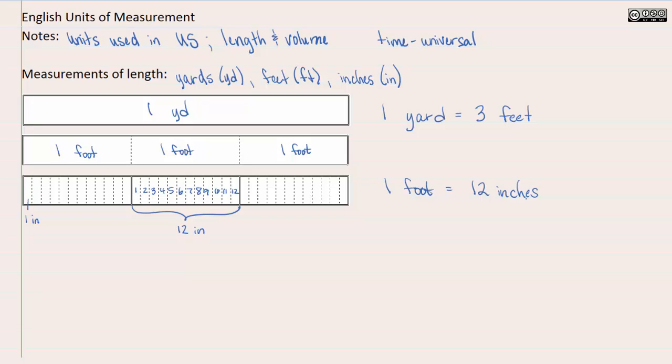What we could add is that 1 yard would be equivalent to 36 inches, because if we added the first 12, the second 12, and the third 12 together, we would get 36 inches. And remember, the box was representing 1 yard. So also, 1 yard could equal 36 inches.